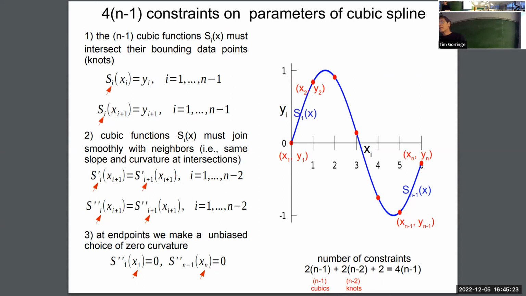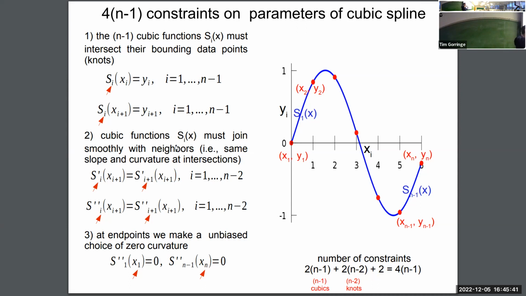Okay, second category of constraint. The second category is that at the knots, which is where one cubic function joins with another cubic function, we want those cubic functions to join smoothly.